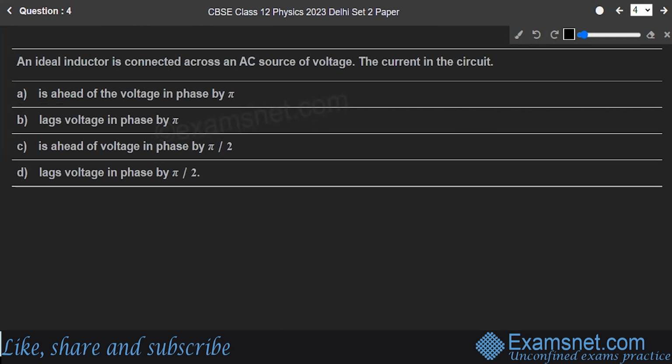An ideal inductor is connected across an AC voltage. The current in the circuit is ahead of the voltage by phase pi, lags voltage in phase by pi, is ahead of voltage in phase by pi by 2, or lags voltage in phase by pi by 2.